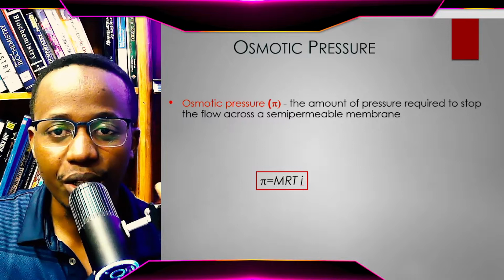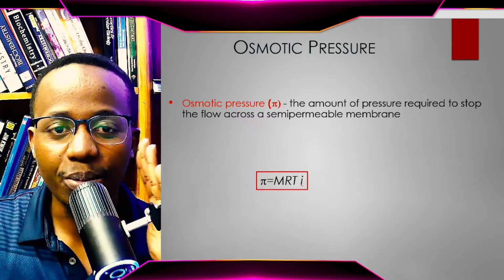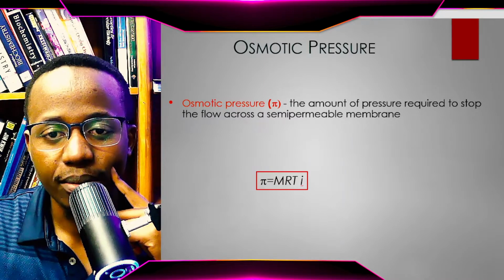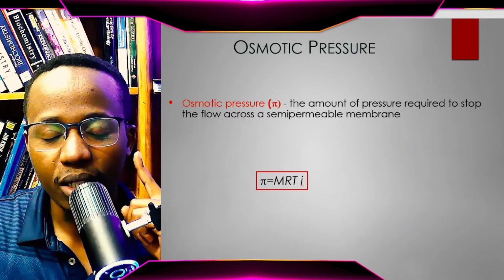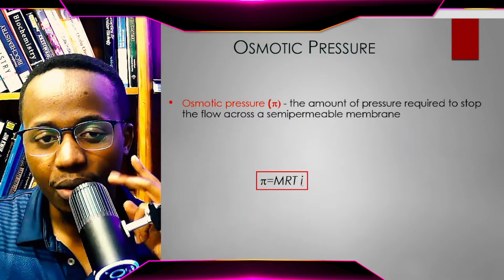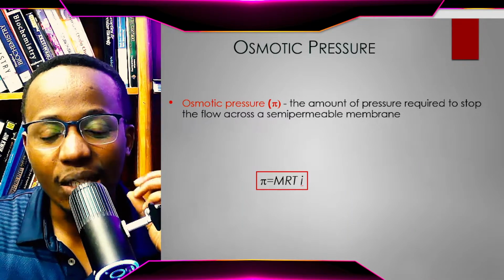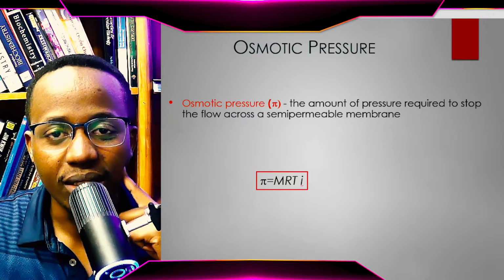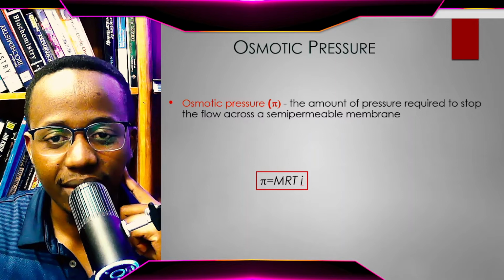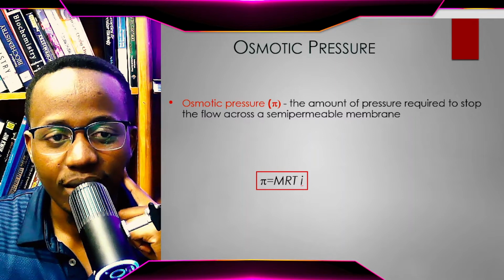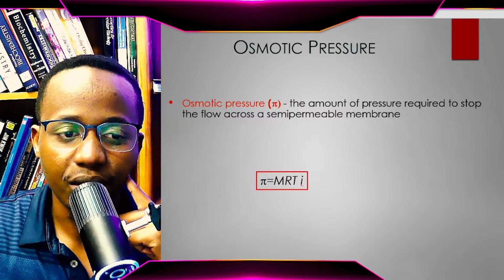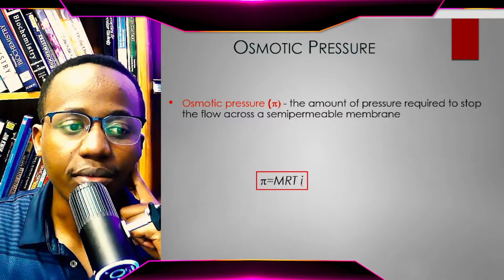So it's the amount of pressure required to stop that flow. What's the formula for it? It's M, which is molarity, R, which is a constant, T, which is a temperature in Kelvin, and I, which is the number of ions. That will be the pressure, the osmotic pressure for that solution.